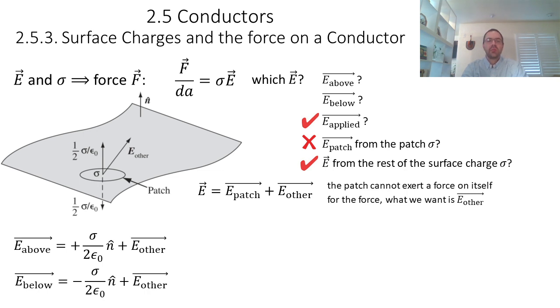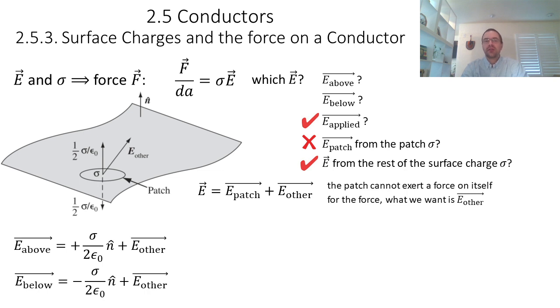So the electric field above or below is the field from the patch plus E other. For E above, the field from the patch is pointing towards plus n hat, and it is sigma over 2 epsilon naught n hat. For E below, the field from the patch is pointing in the opposite direction, so minus sigma over 2 epsilon naught n hat.